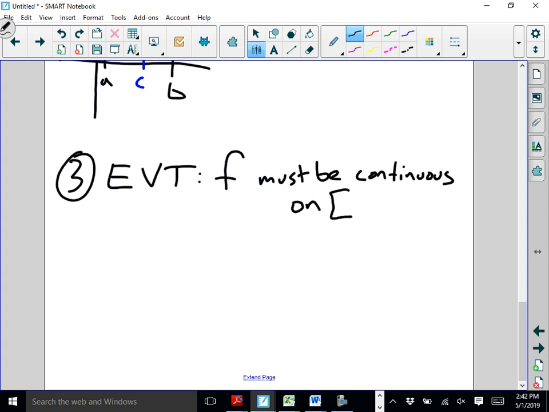All three theorems require continuity, but the mean value theorem is the one that specifically requires differentiability in order to work. If we know something is differentiable, all three theorems can work. And all the EVT says is that absolute max and absolute min must occur on this interval, and they must be at endpoints or critical points.